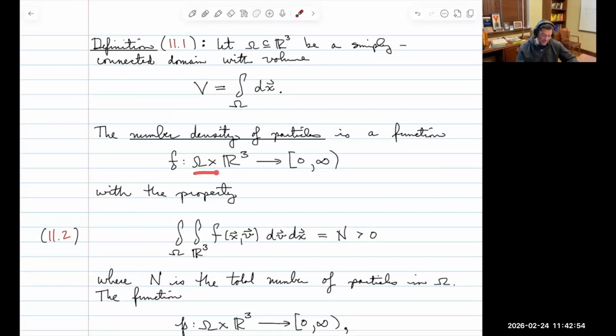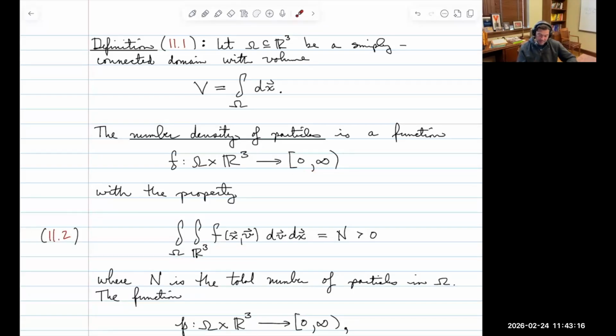over this six-dimensional space, omega cross R3 into the non-negative numbers. And it's got to have the following property. I just said this is a non-negative function, so its values are everywhere non-negative. It has to be integrable, okay?